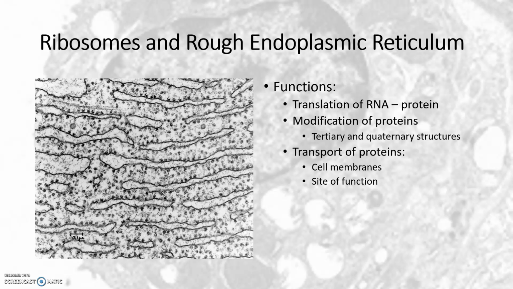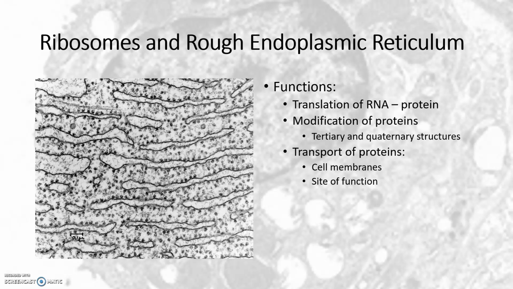This is where the code from the DNA in the nucleus is brought from the nucleus to the endoplasmic reticulum by messenger RNA, and then transfer RNA uses this code to synthesize protein by assembling individual amino acids into chains.